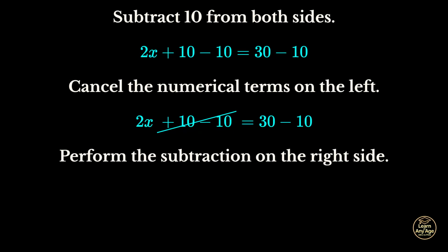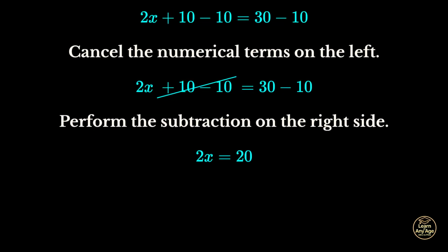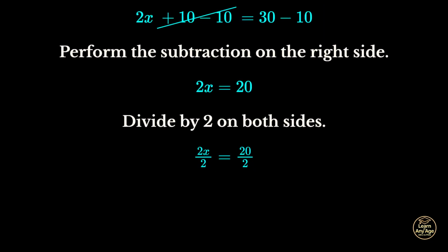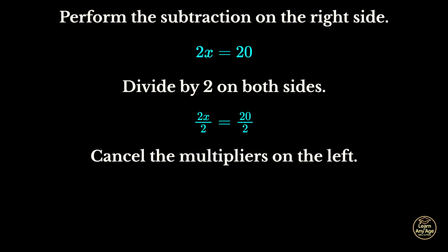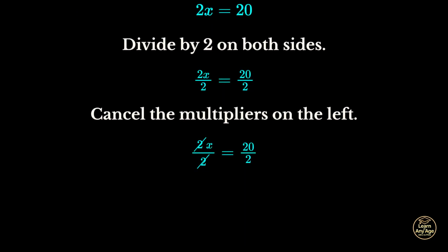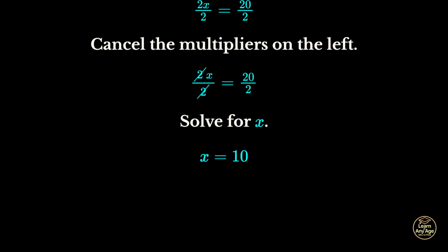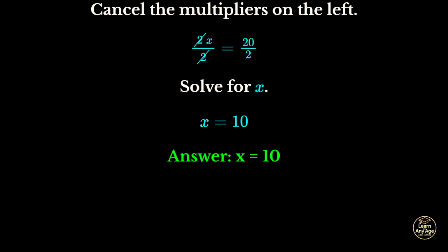Perform the subtraction on the right side. 2x equals 20. Divide by 2 on both sides. 2x over 2 equals 20 over 2. Cancel the multipliers on the left. 2 cancelled out, x over 2 cancelled out, equals 20 over 2. Solve for x. x equals 10. Answer, x equals 10.